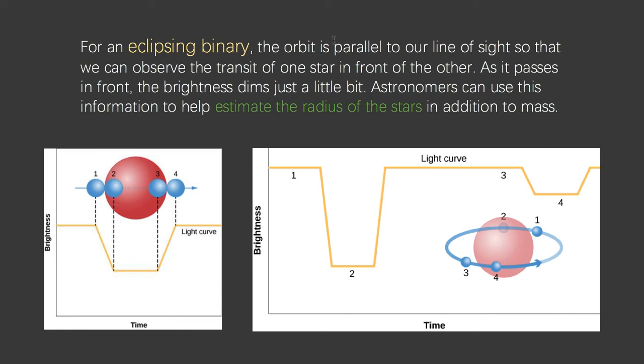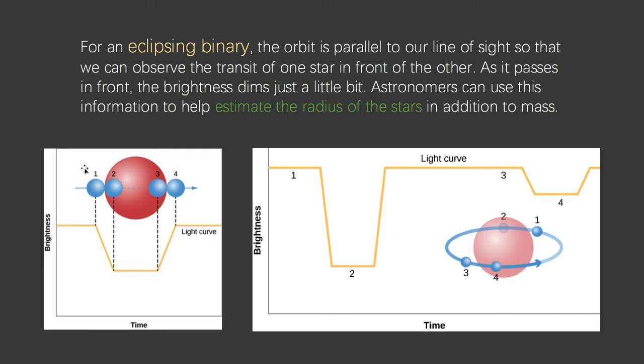So this is sort of like what we have for Jupiter and the other planets. All of the planets are in roughly the same plane of orbit. And so their moons eclipse in front of them. So if we're watching Jupiter, we can see the moons pass in front of Jupiter. For some binary systems, we have this same alignment. They're eclipsing binaries because one of the stars will pass in front of the other, eclipsing it.